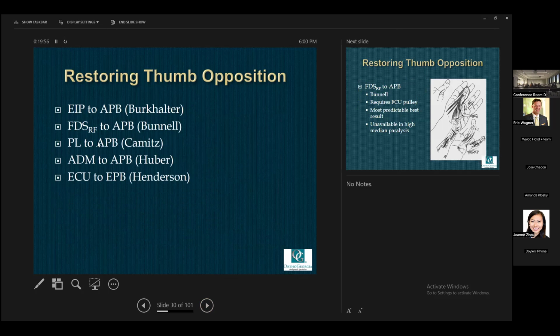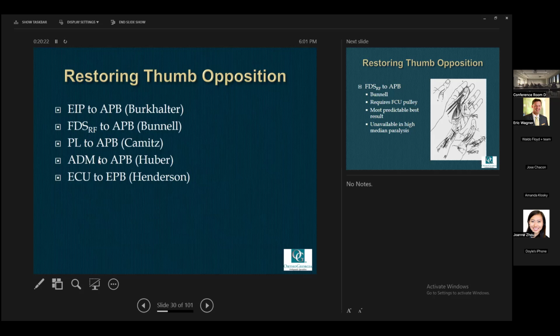The Camitz is the palmaris longus to the abductor pollicis brevis, and that is used primarily in bad cases of carpal tunnel syndrome with thenar atrophy, and it's a prolongation of the palmaris longus with palmar fascia. It is not a true opposition transfer.